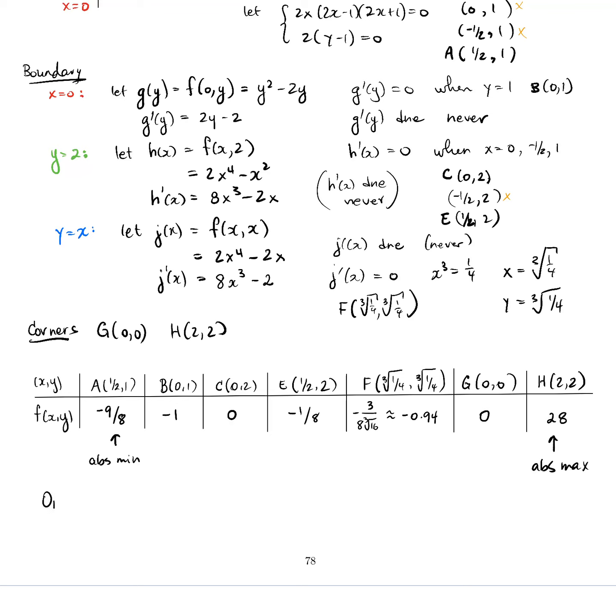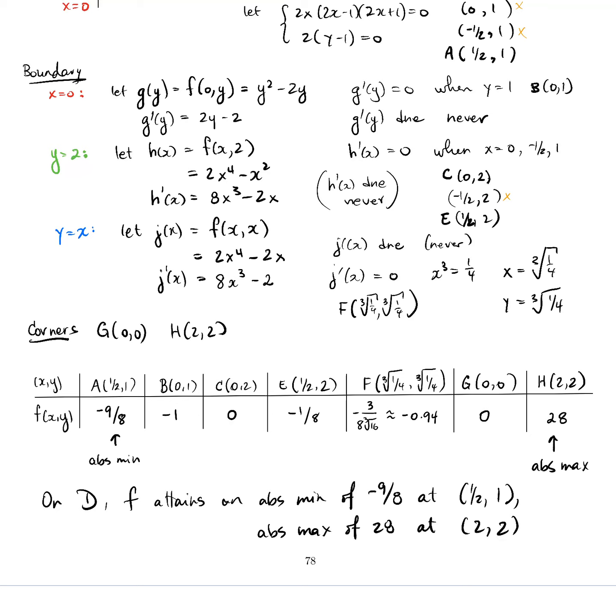So we can write this little summary on D. F attains an absolute min of minus 9/8 at the point (1/2, 1), and attains an absolute max of 28 at the point (2, 2).